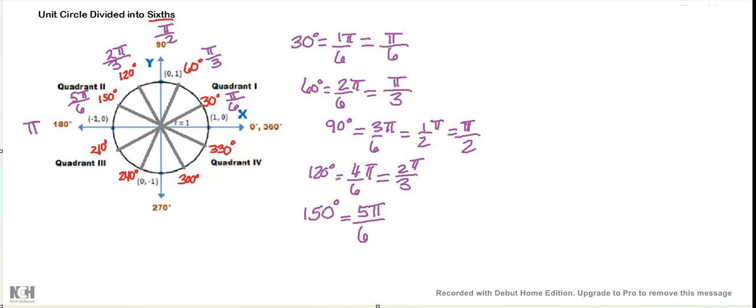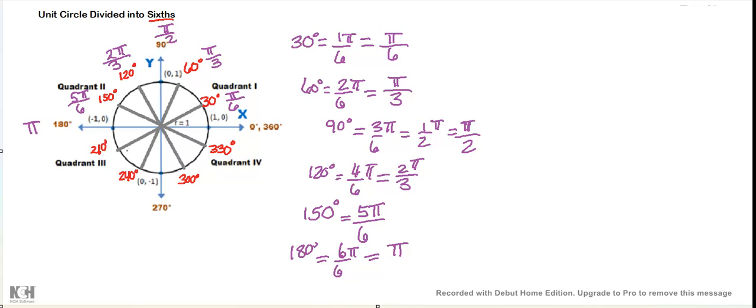Adding another 30 degrees takes us to 180, which we know is pi, but just to keep with our pattern here, that equals 6 of these, which we know 6 over 6 is the same thing as 1, so we have 1 whole pi there.